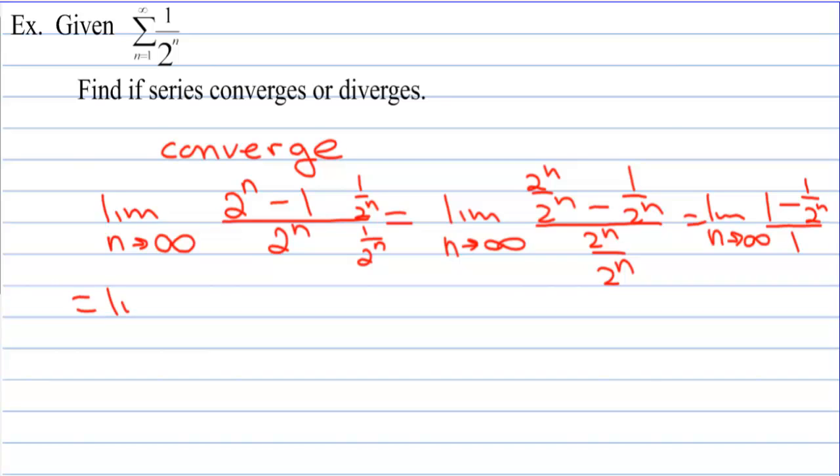Let's plug infinity in for this n, and we get 0. 1 minus 0 over 1. So there again, the limit of the series is 1. So that's what the sum is.